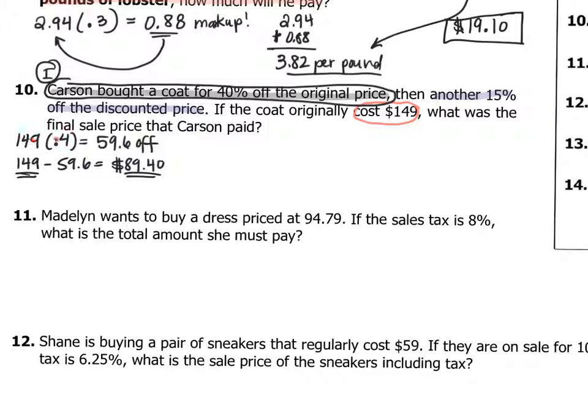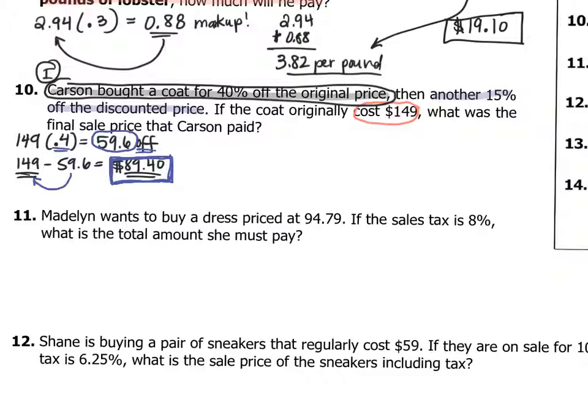I found 40% of the original price, which is $59.60, and then I took that off $149. Now, some of you are finding the 40% using a proportion. That's fine. You're still going to get 59.6, but you have to subtract it from the price, because this is just a discount. So we have to take that discount off, and this is the sale price, the discounted new price.